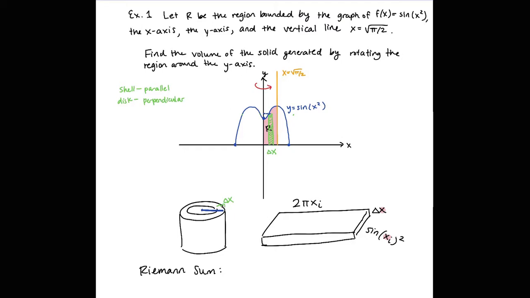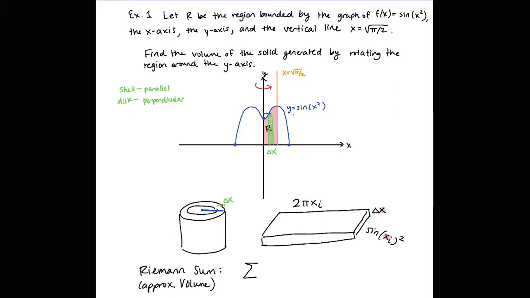So I don't want you obsessing about how to integrate these things. I want you obsessing on the geometry, the setup, and the approximate versus the exact. So the Riemann sum is what you would use to approximate this volume. The problem didn't ask for it, but I want you to be in the habit of setting it up for practice every time.